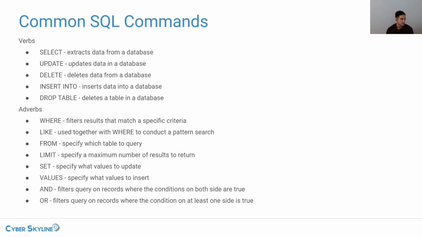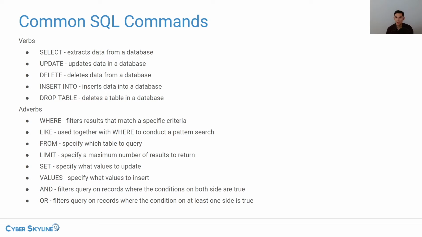In terms of our adverbs, here's what we got. And these aren't all of them. This is not exhaustive. These are just common ones. There's the where command. Where will allow you to specify a criteria to match your command.